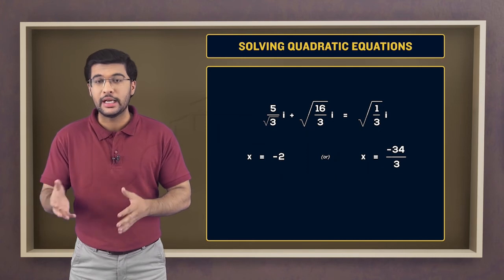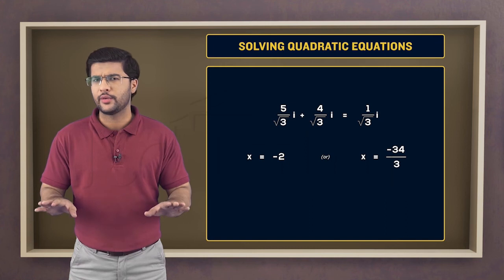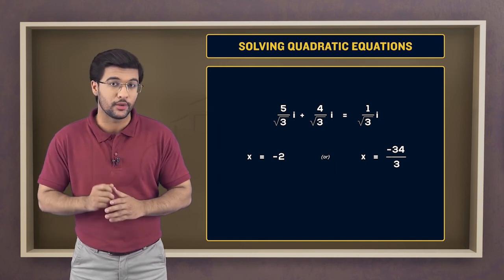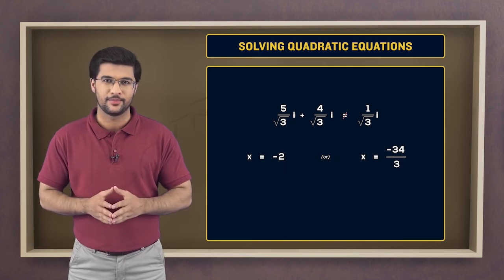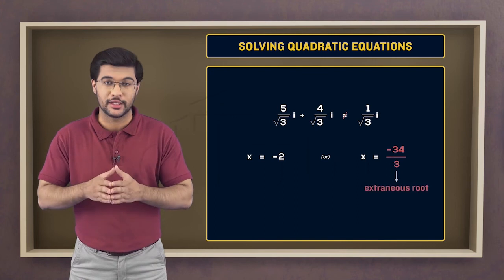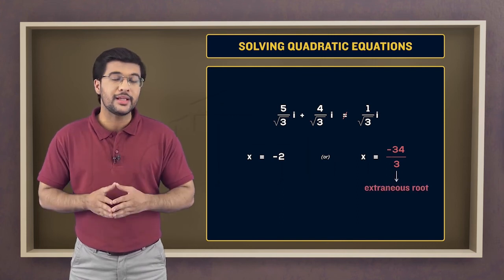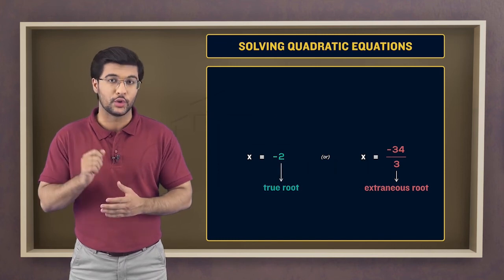For 16, it is 4, and for 1, it remains 1. Whatever it is, one thing is for sure, that the left hand side is not equal to the right hand side, which means that minus 34 upon 3 is an extraneous root. That makes the other root, x equal to minus 2, an obvious true root.